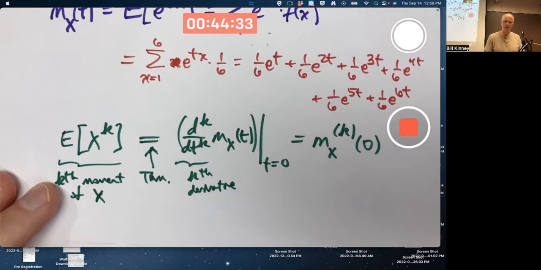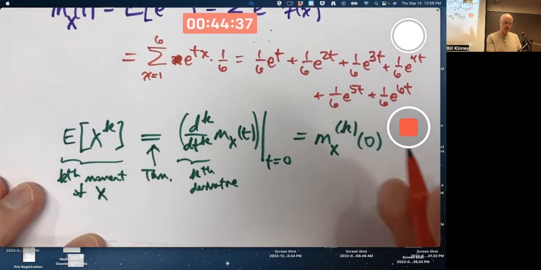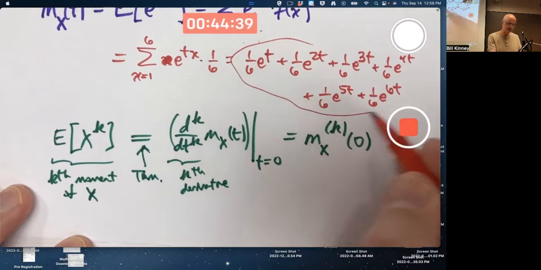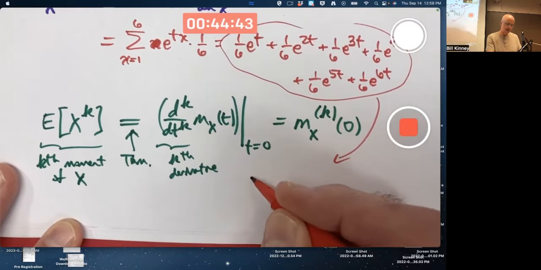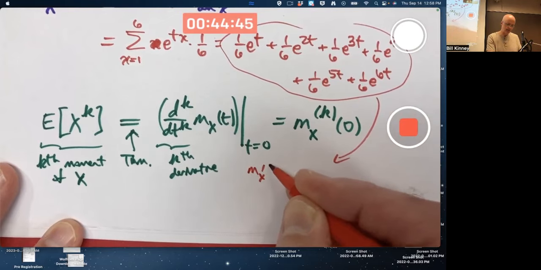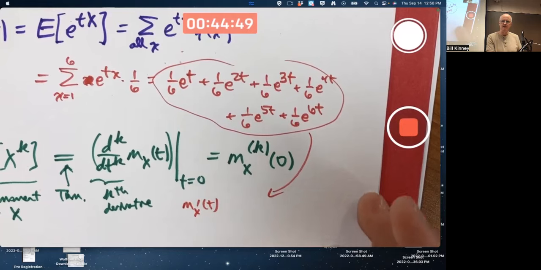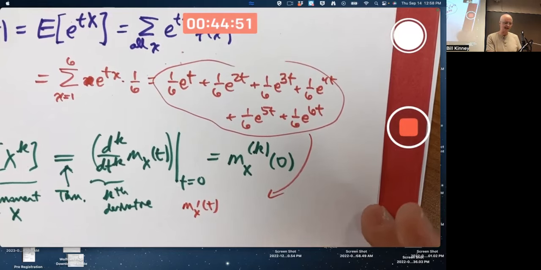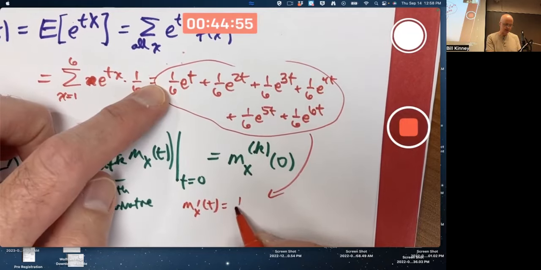So what about our example here? There's our moment generating function. What's its first derivative? M_x prime of t. Got a bunch of exponentials, and with the last 5 of them, I'm going to have to use the chain rule. The derivative of that one is itself.